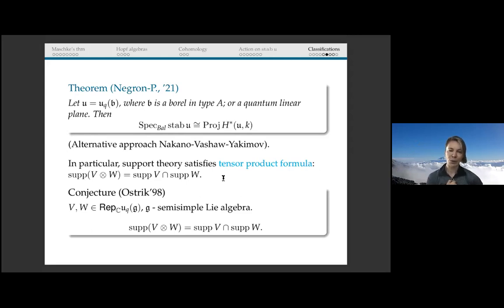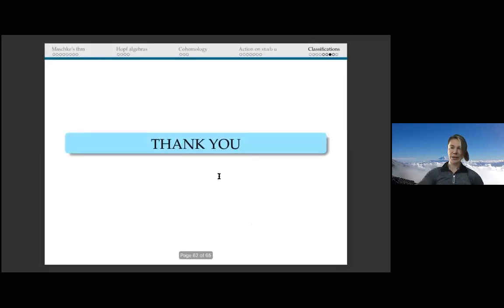I'm going to attribute it to Ostrik from his 98 paper, even though he didn't explicitly state it as a conjecture, but it's sort of there, that it's true for small quantum groups, open. And this is what we're really interested in, looking at these integrable Hopf algebras. So far, we've been able to prove it for quantized enveloping algebras for Borels in type A. I think I'm done. Thank you.